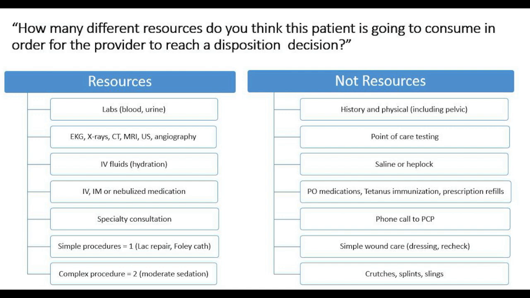PO medications, a tetanus shot, even though it's an IM, and a simple phone call to a PCP are also not considered resources. Any simple wound care, so if a patient just needs a dressing, crutch education, or a splint, is also not considered a resource.